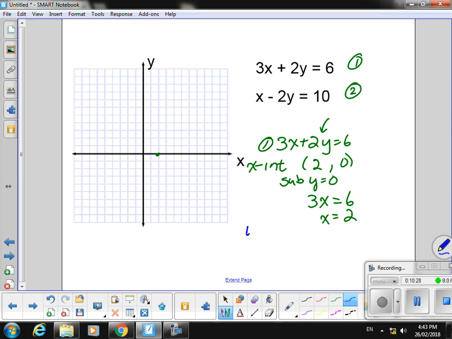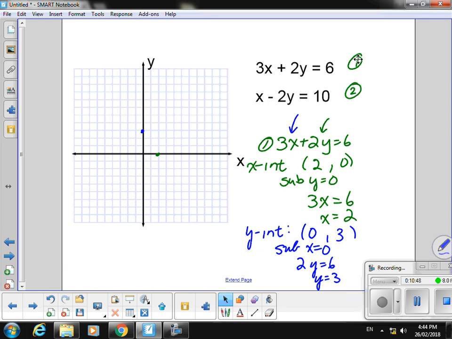For my y-intercept, for that line, my x value is 0. If you put a 0 in for x, this disappears, and I'm left with 2y equals 6, or y equals 3.